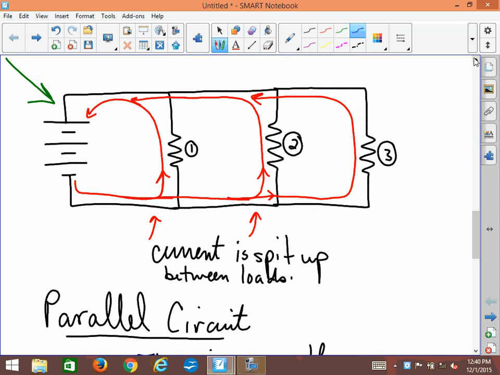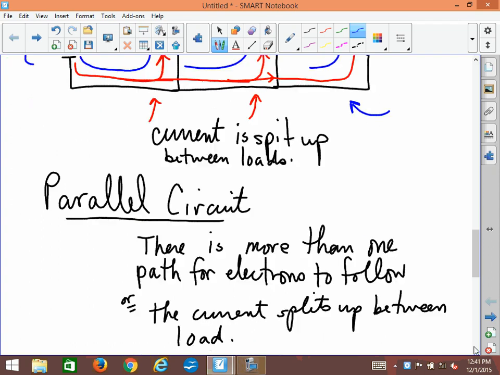it's not going to add up because you don't have to go up all 3 hills. So the voltage that's pushing you this way is the same amount of energy pushing you across this one, which is pushing you across this one. The difference between this side of the circuit and this side of the circuit is the voltage provided by the voltage source. So the voltages through each load are the same. The amount of voltage being pushed across each load is the same.